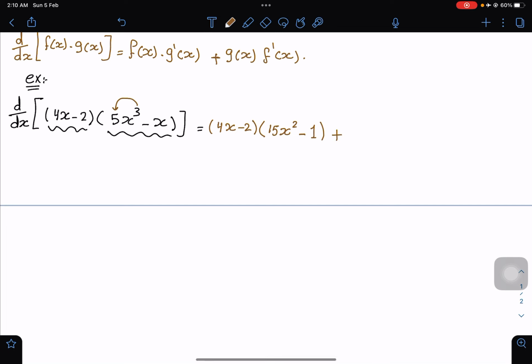Plus, now drop the second as the same, so 5x power 3 minus x, then the derivative of the first, 4x, is a number with x, so the answer here is 4. Then you can distribute and simplify.